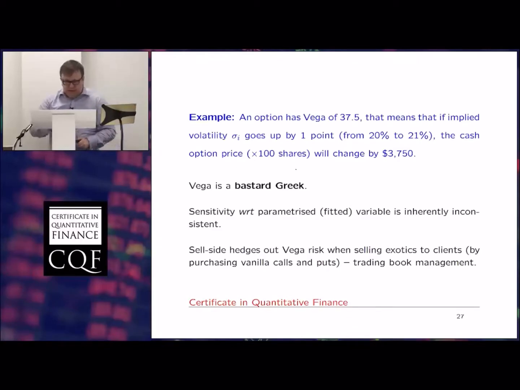So it gives you the specific answer. So if the vol goes by 1 percentage point, you can compute the change in the option, and the option is written per 100 shares, so it usually will be quite significant. So a 1 percentage point move in vol is quite significant in the cash price of the option, typically.